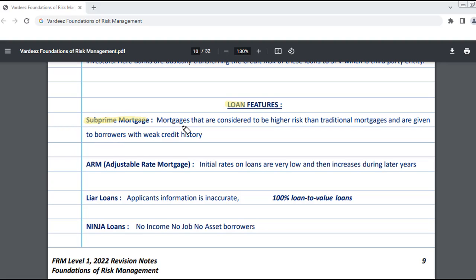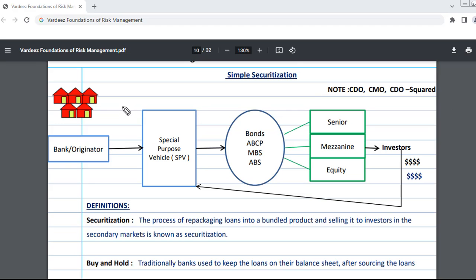Now mortgages that are considered higher risk than the traditional mortgages and are given to borrowers with weak credit history, we call subprime mortgages. Essentially, understand this: banks have a profit motive, right? They can give out more loans, sell them to the SPV, and make money out of it.